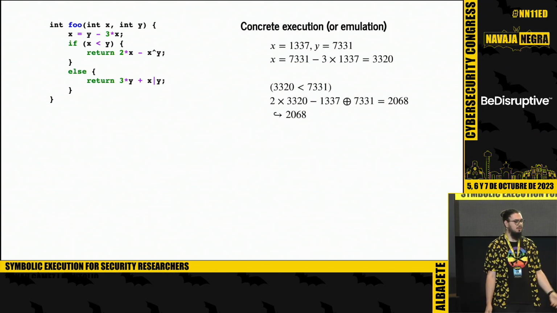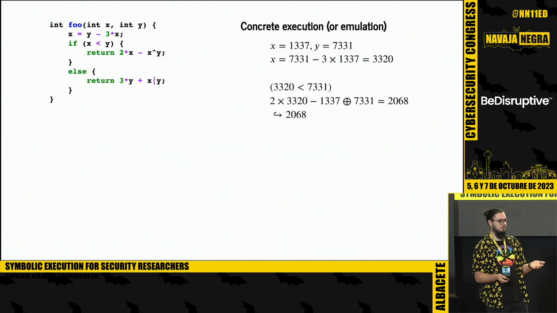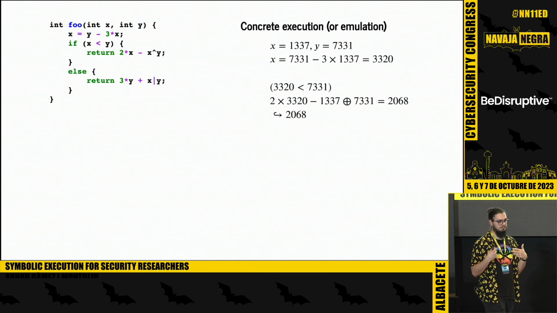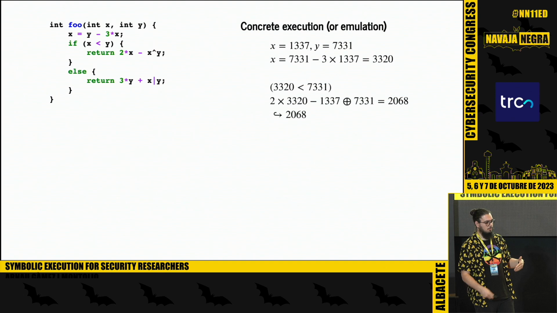It works in the same scenario. We just throw concrete values. We just throw some actual inputs, some integers in this case, 32-bit values, and we just compute the things.